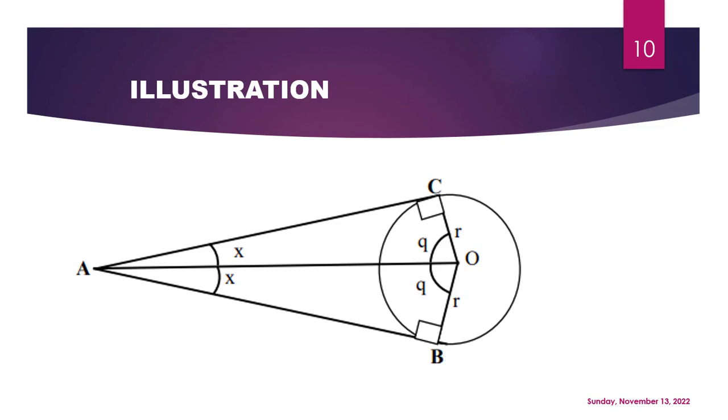One property states that a tangent is perpendicular to the radius or the diameter of the circle. We have the illustration here. The line AC is a tangent and the line OC is a radius.